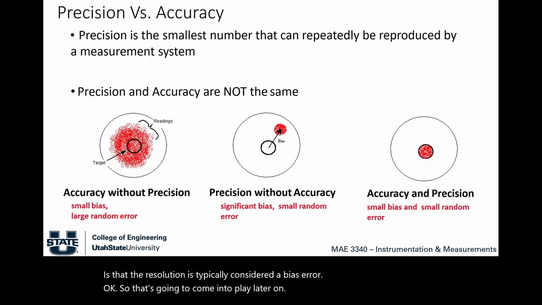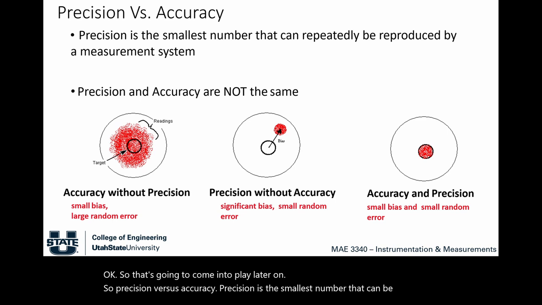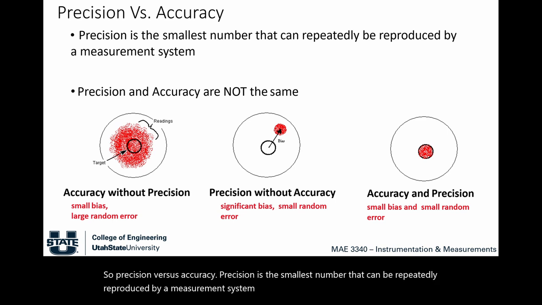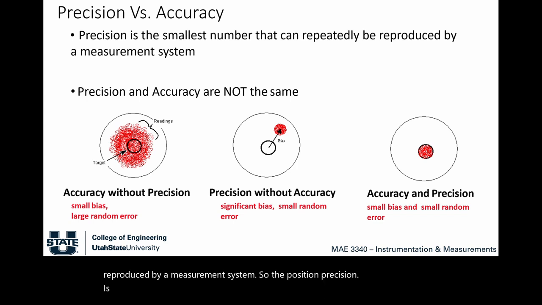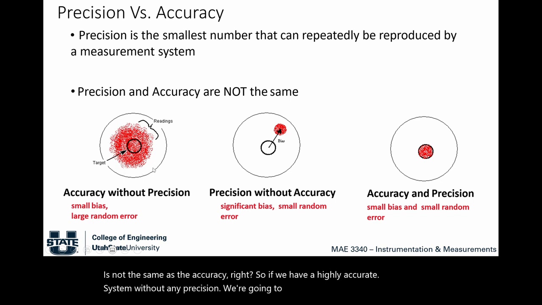So precision versus accuracy. Precision is the smallest number that can be repeatedly reproduced by a measurement system. So the precision is not the same as the accuracy, right? If we have a highly accurate system without any precision, we're going to have a wide scatter, because we're going to have a lot of randomness in our data.